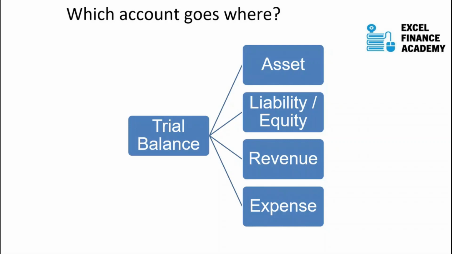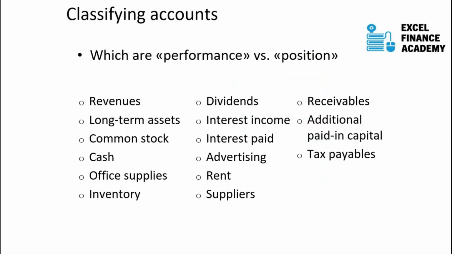So these are some examples. You need to classify which one is performance and which one is position. Revenue: performance or position? Performance. Dividends? Position. Interest income? It is performance.